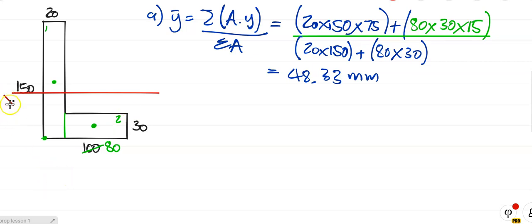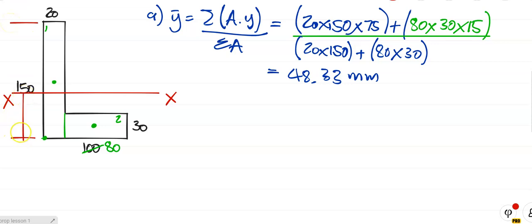I'm going to call it xx and xx. That is the distance from the bottom point there to the x axis of the whole cross section. So I'm going to draw it in, put it like so, and draw a line there, line there.